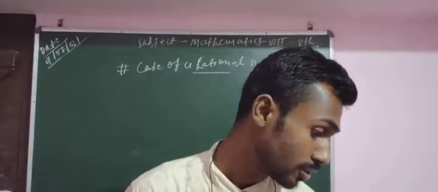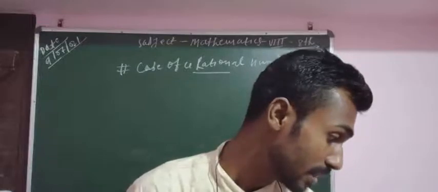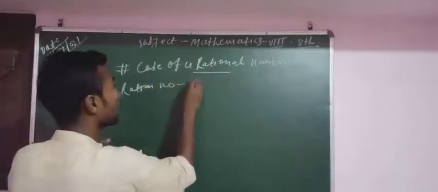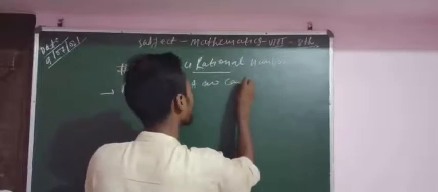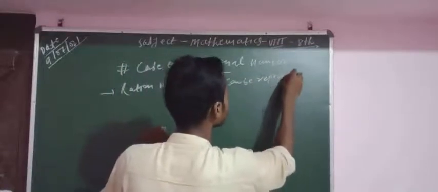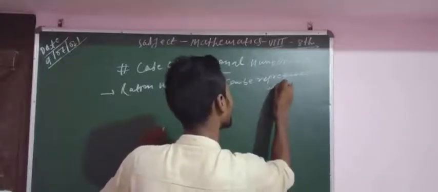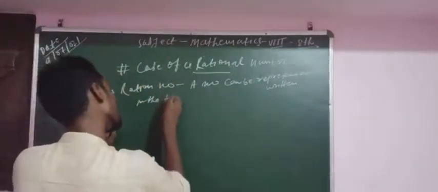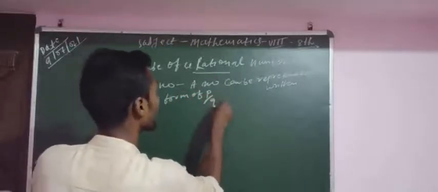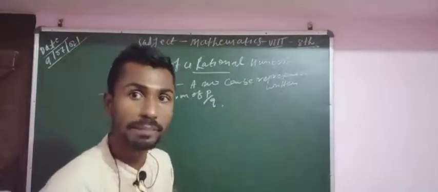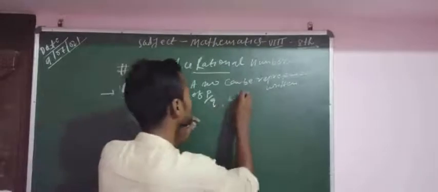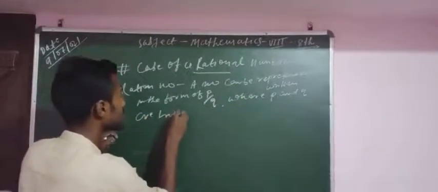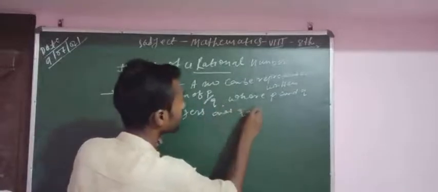तो rational number हम लोग क्या करेंगे. A number can be represented or written in the form of p by q, where p and q are integers and q not equal to 0.